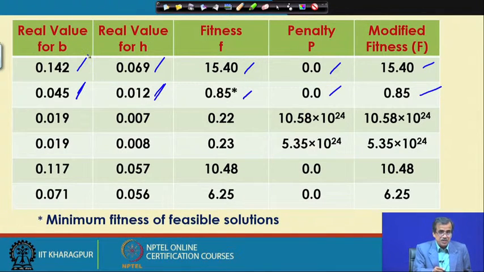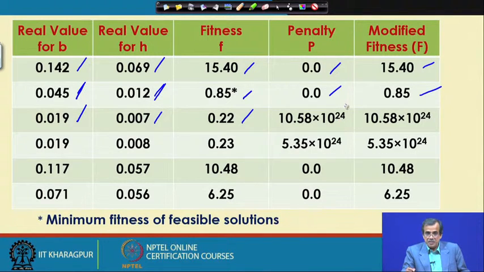Now, corresponding to the third GA string, the real value of B is this, the real value of H is this, the original fitness, that is small f, is 0.22, but unfortunately there is a violation of the functional constraint and the penalty term we have already calculated. So, this is the penalty term. So, the modified fitness will be this original fitness plus the penalty term, and approximately that is equal to 10.58 multiplied by 10 raised to the power 24.